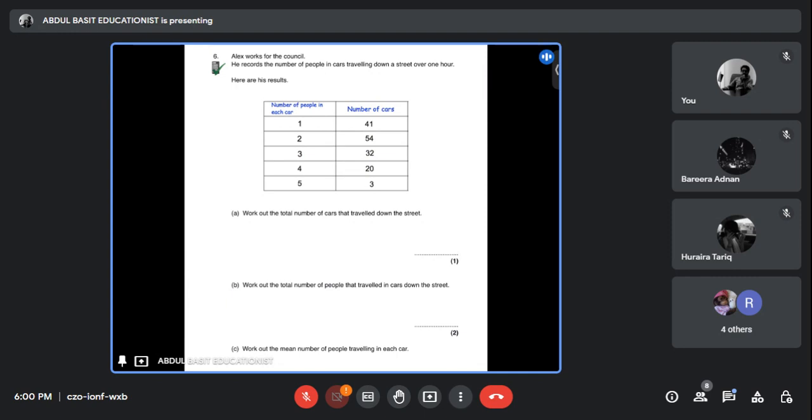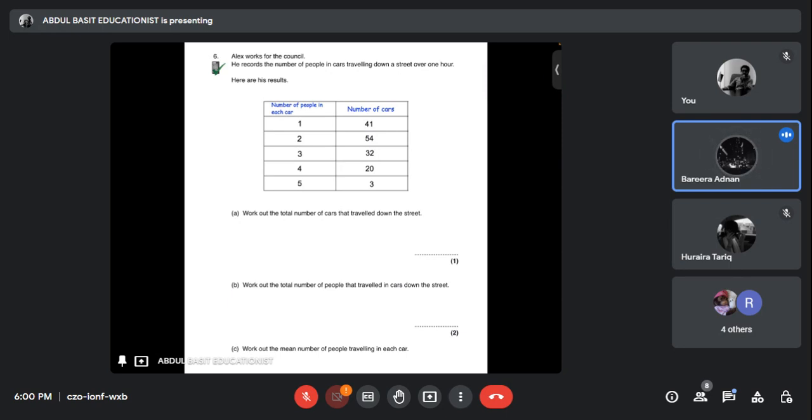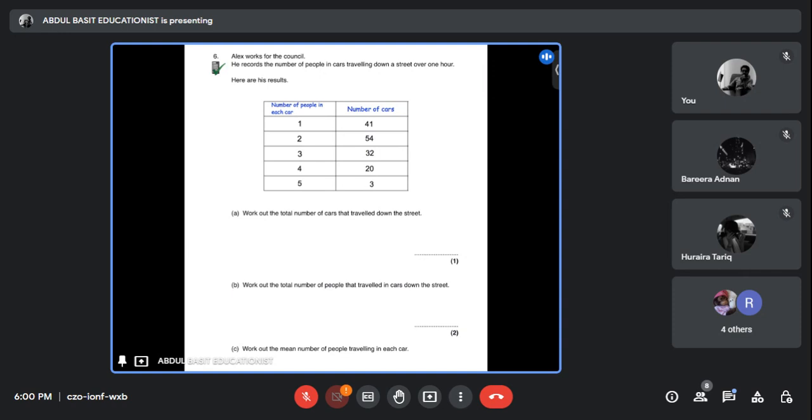So how can we do this, Hurera? By adding all the cars. Very good. So 41 plus 54 plus 32 plus 20 plus 3 is the answer.